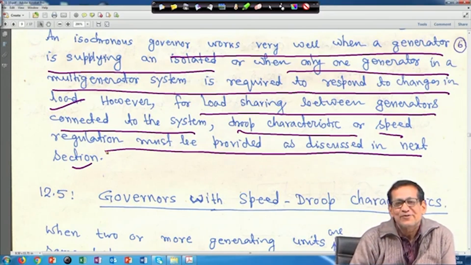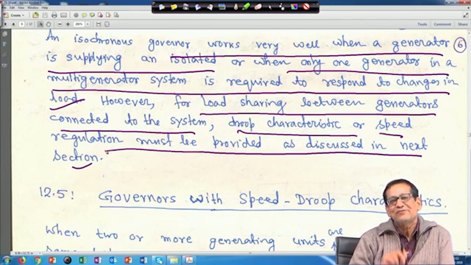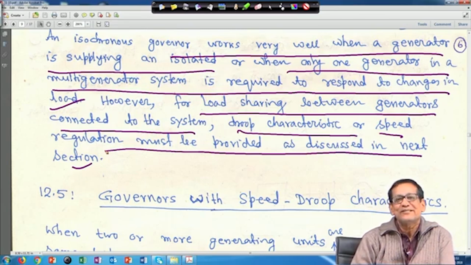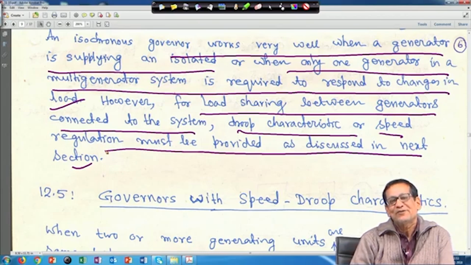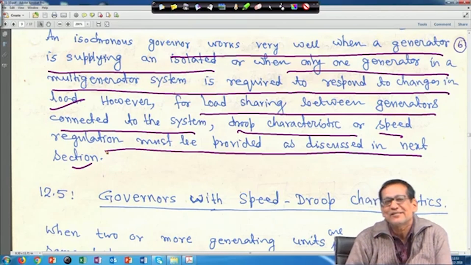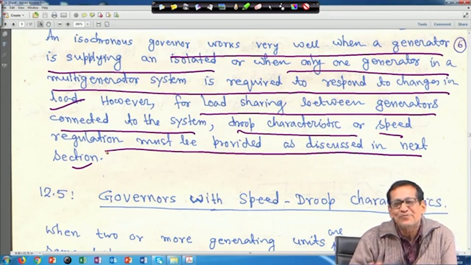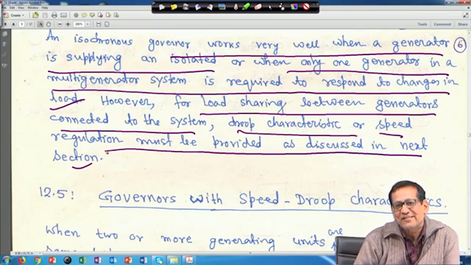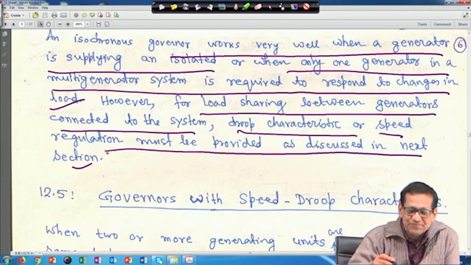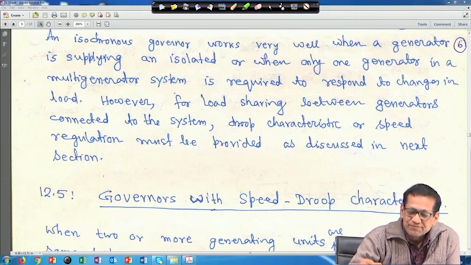Every generator has some reference set point, and you are setting that manually. When you set the reference set point manually, there is every possibility that it may not be exact for all the generators. So, there will be a tug of war, because every generator will try to pull to its own side. That is why we need a droop characteristic for the governor.